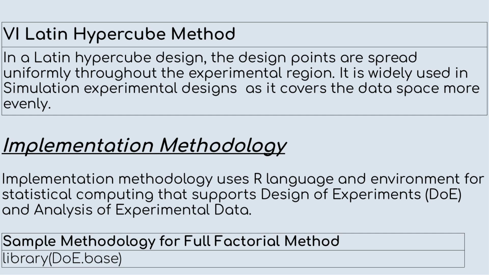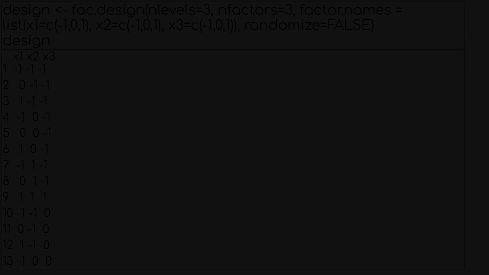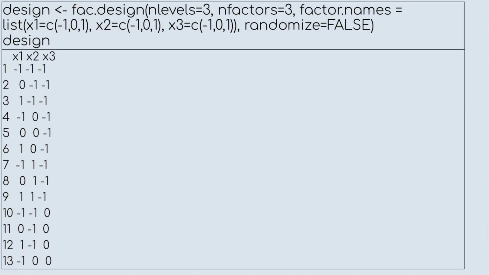For a full factorial method, the library DOE base is used with the following design matrix with 3 levels and 3 factors.